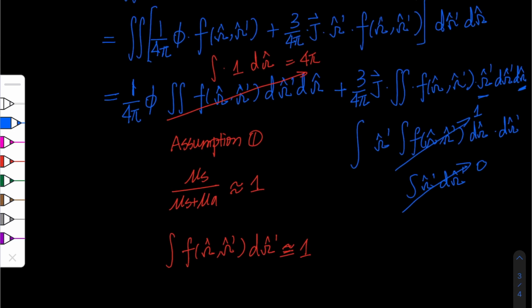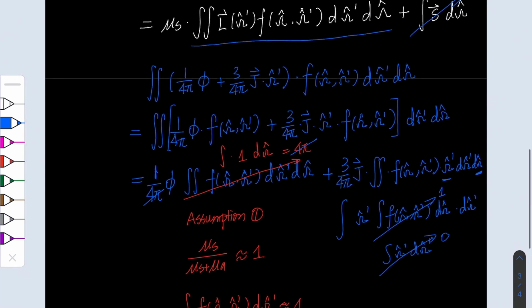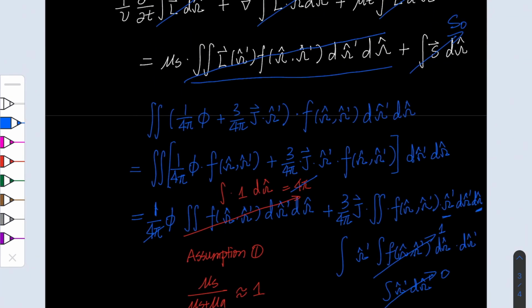So the second term here is actually 0, and because the 4 pi cancels out, we only have phi here. That's how we simplify this term. At the end, it should be phi.